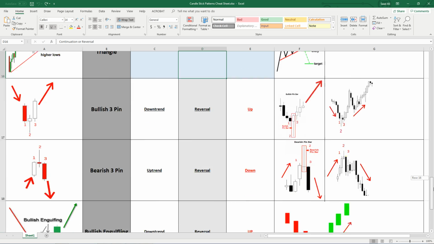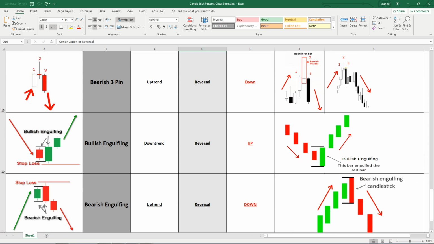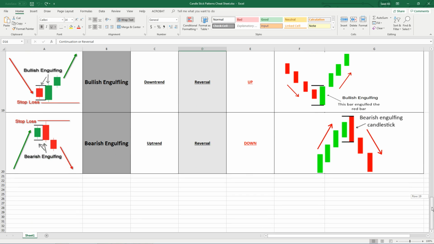I'm going to end this cheat sheet with my very favorite patterns. I want you to really understand this concept, because when I get to the lesson where I teach you my winning strategy, all these steps that I've been teaching you are for one goal. I'm not just giving you random information.